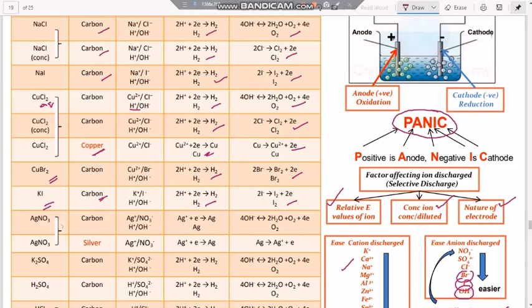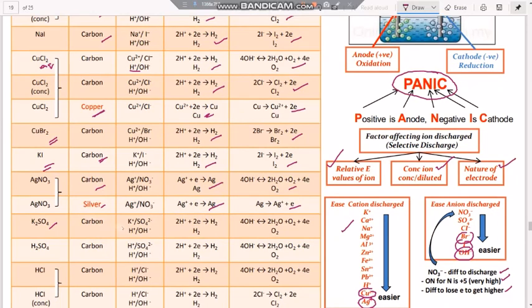Silver nitrate, if you take it with carbon electrodes, gives silver at the cathode and oxygen at the anode. Coming to silver nitrate electrolyte with silver electrodes, silver at the cathode and silver gets deposited at the anode. Copper sulfate with carbon graphite electrodes, hydrogen at the cathode and oxygen at the anode will be the products.